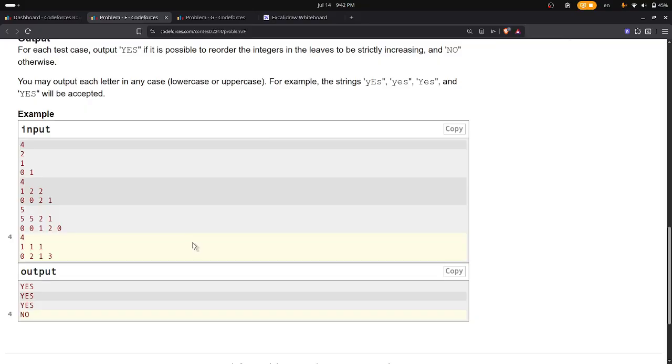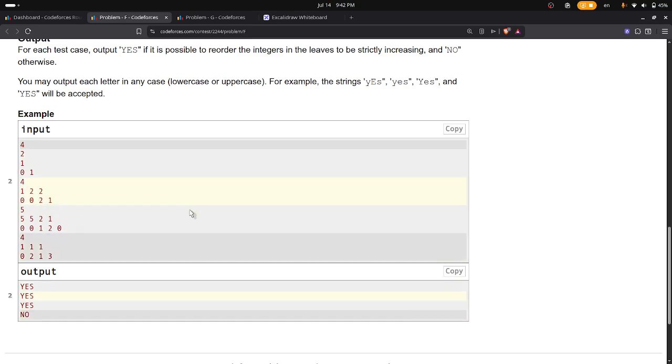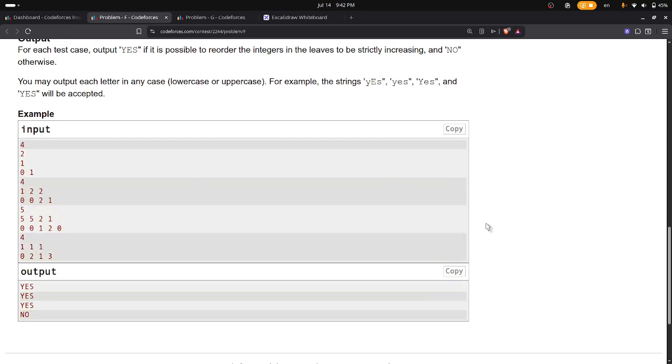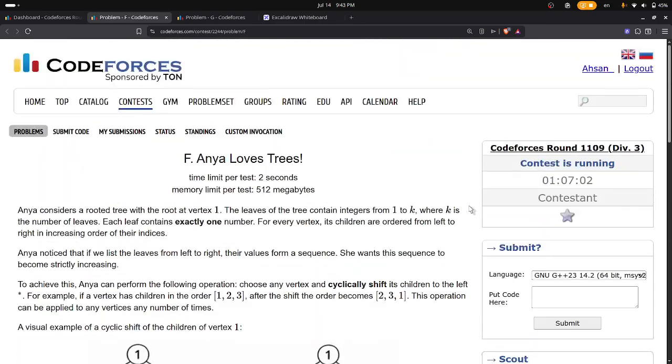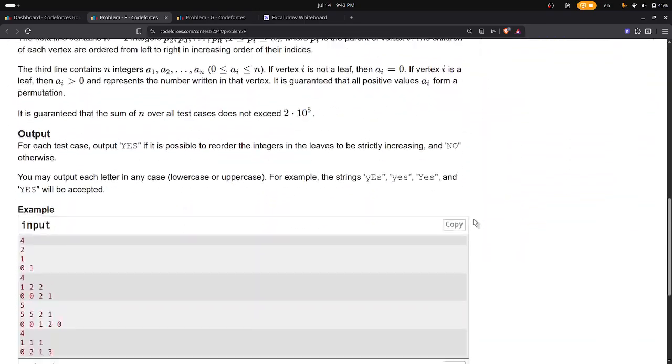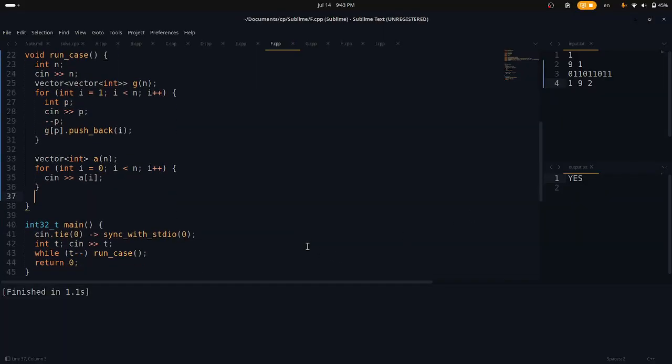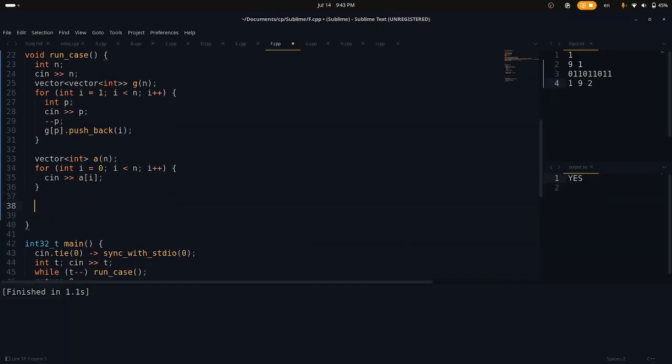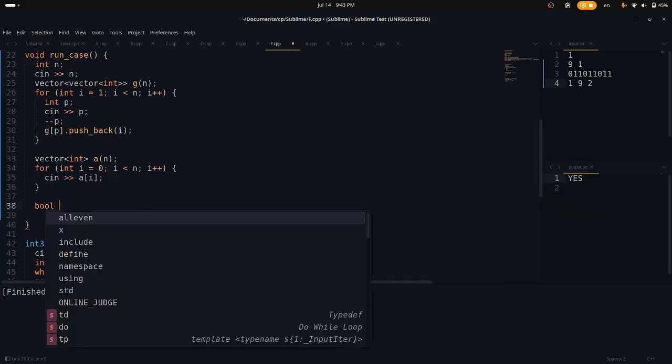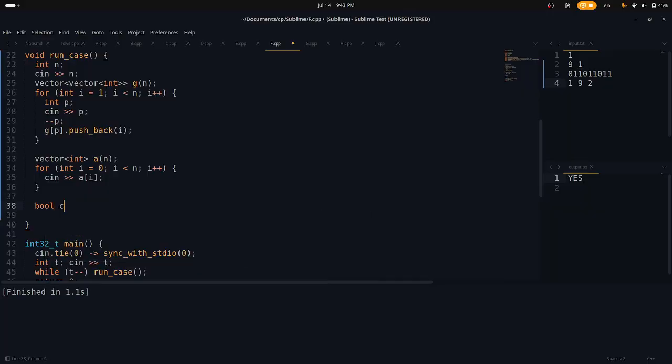Alright. Bool can is equal, let's say, true.